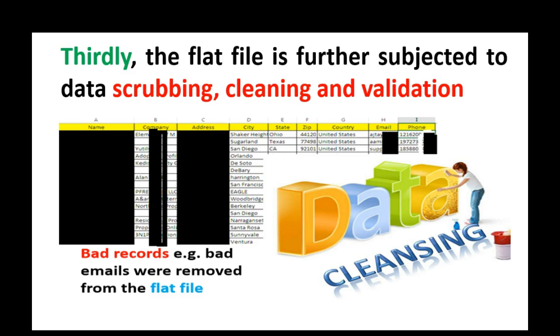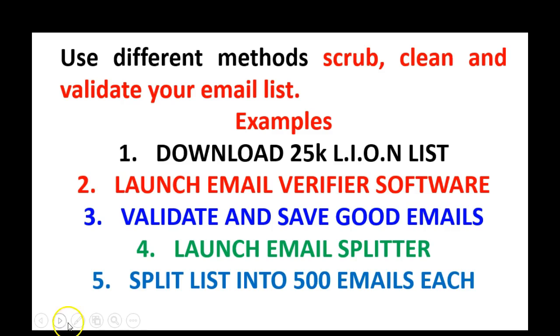So you need to do good cleaning of it by removing bad emails from your initial flat file. Normally I use different methods to do the scrubbing, cleaning, and to validate my email list. I'm going to show you real life examples of how I do this.